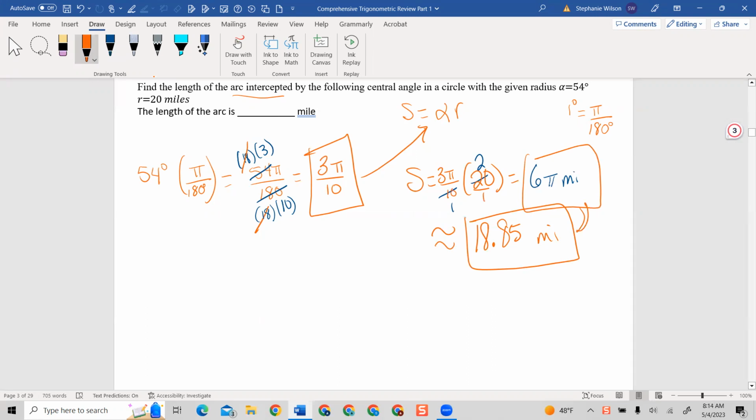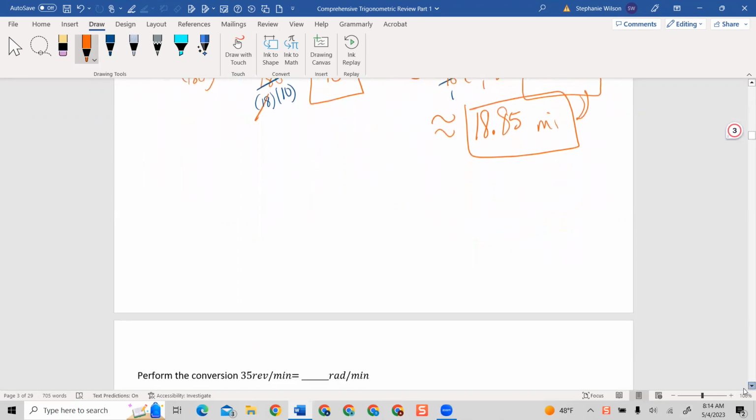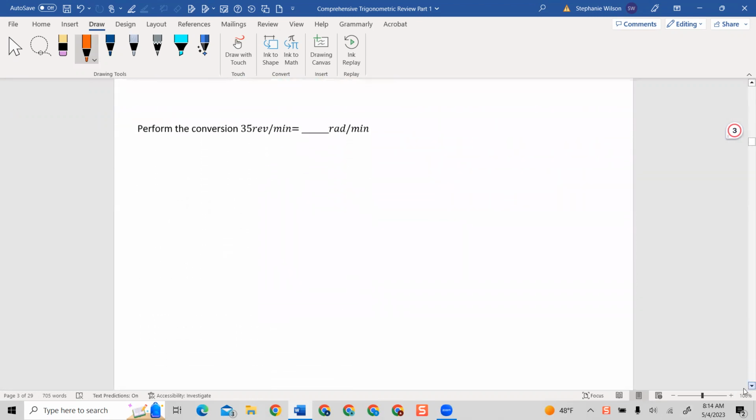All right, so now let's talk about the next one. It says we're going to convert 35 revolutions per minute to radians per minute. Okay, so what I know is 1 revolution is equal to 2 pi. And you can write radians with it if you need to.